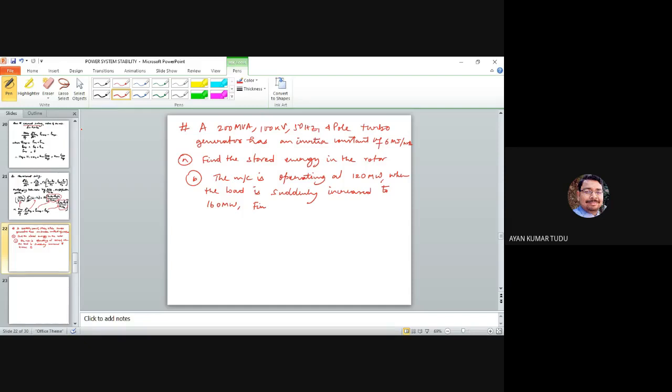Now PowerPoint is hanging. I have to write it down again. The slide is not visible now, no? No, sir, it's not visible, because the PowerPoint has created some problem.